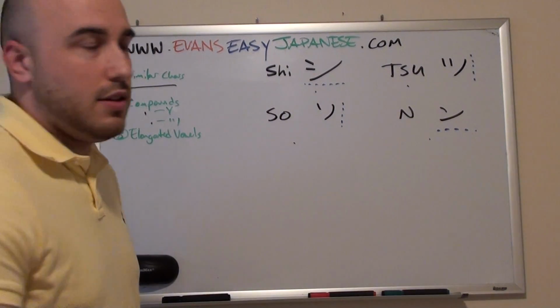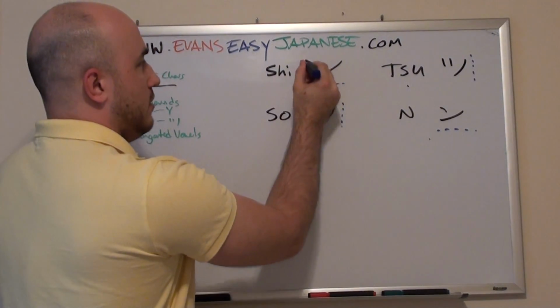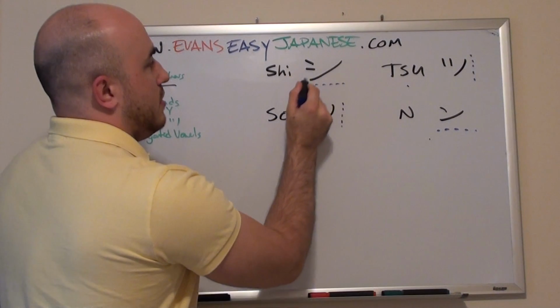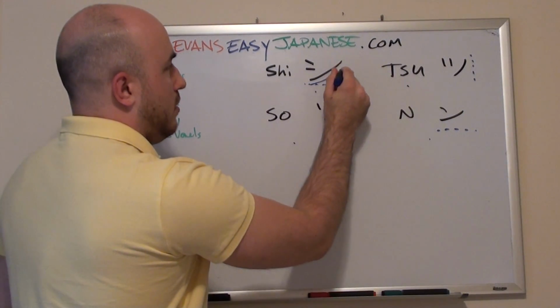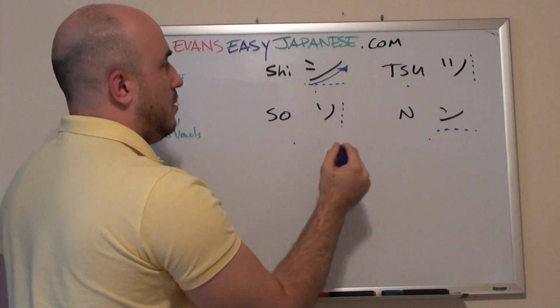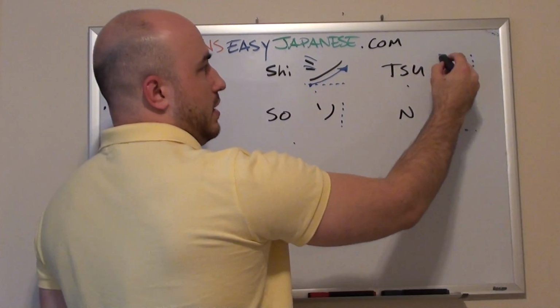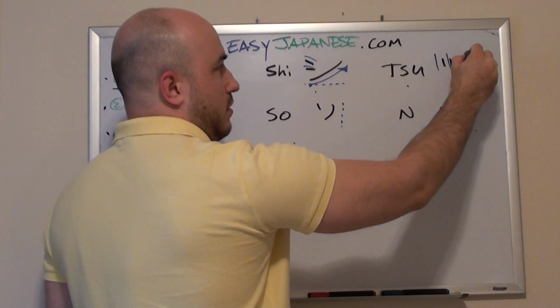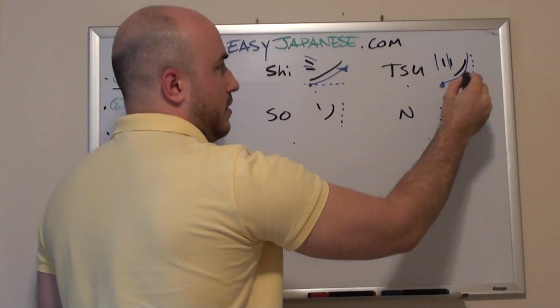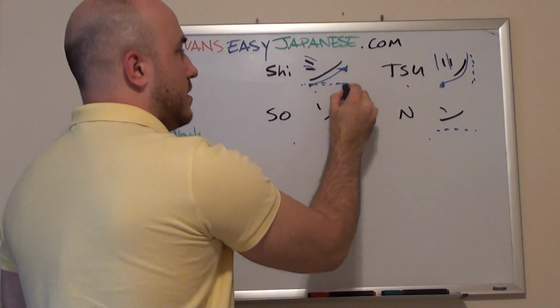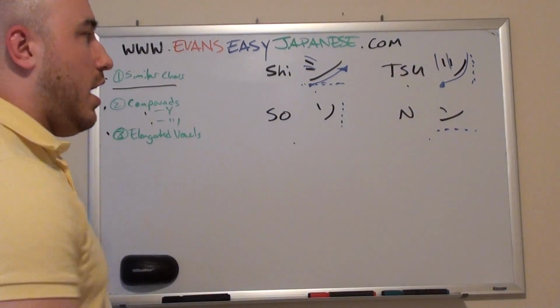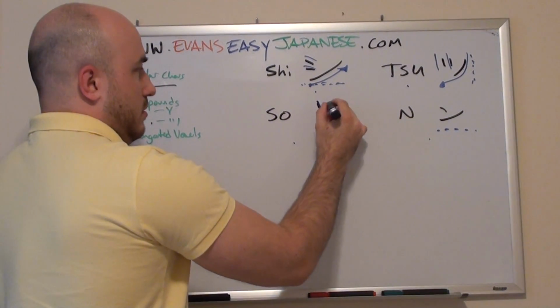For shi, you will notice that it's very horizontal. Horizontal, horizontal, horizontal, up. Whereas tsu is vertical, vertical, vertical down to the left. You see it's very vertical, whereas this one's very horizontal.